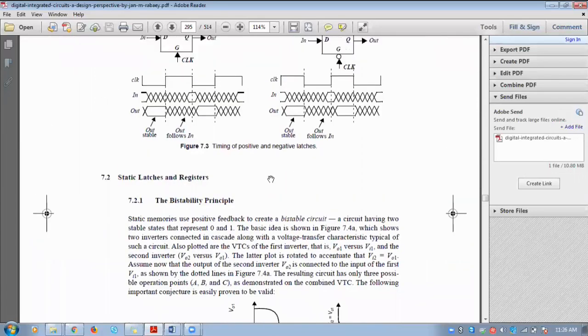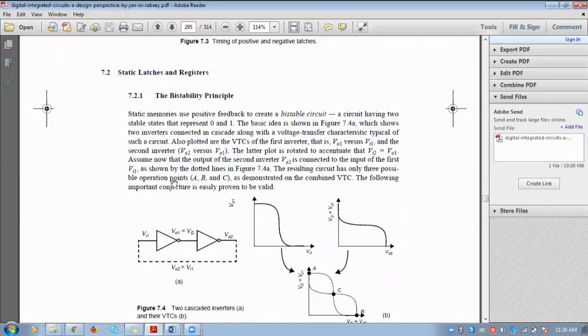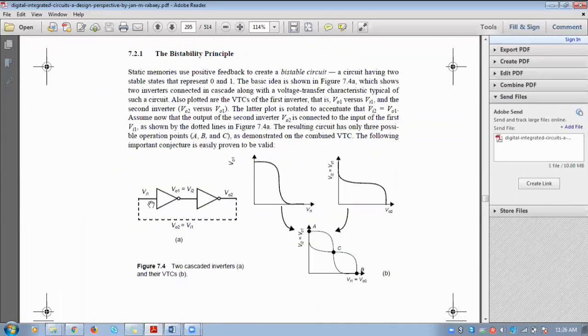Now we will see the basic structure of latches and registers to store a particular logic 0 and logic 1 by means of the bistability principle. The bistability principle is explained with respect to a cascaded connection of two inverters.